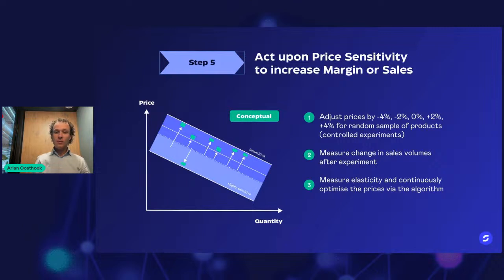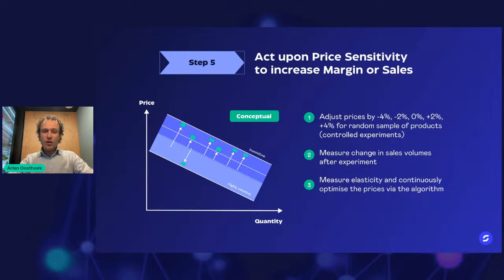We make buckets of products, and then we ask the company, okay, what level of price change would you like to experiment with? For the most price sensitive products, we choose a discount. This can be -4%, can be -2%, depending on how aggressive the company wants to act based upon this price sensitivity.